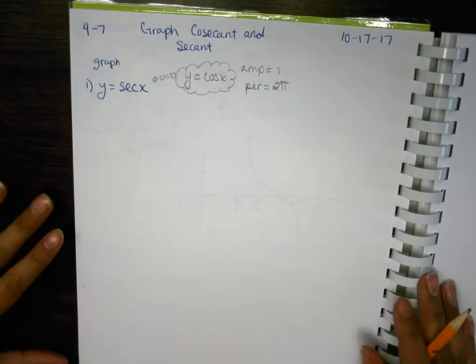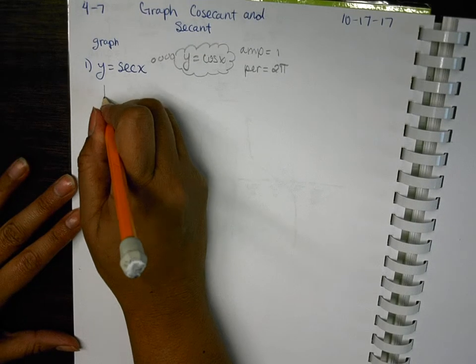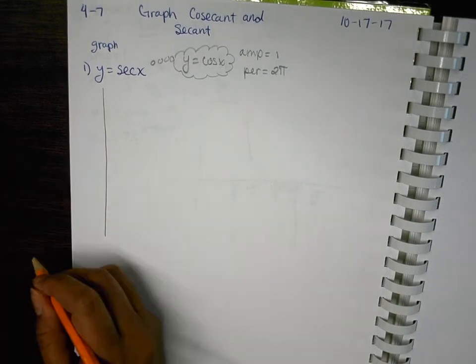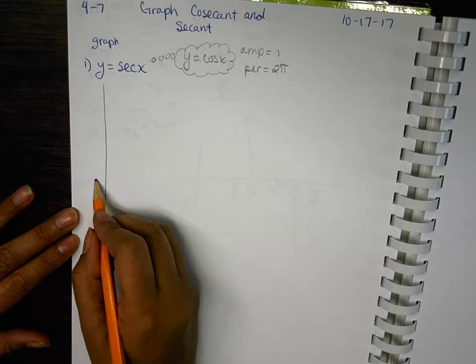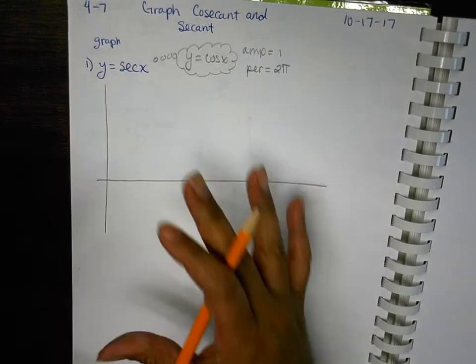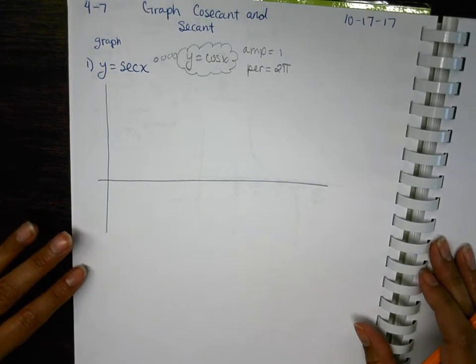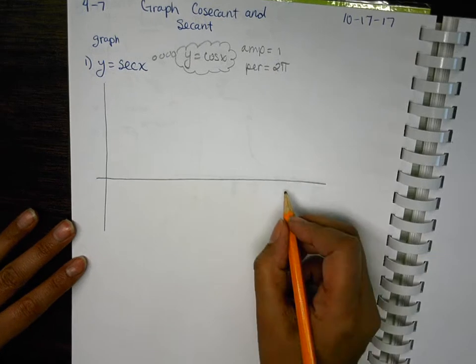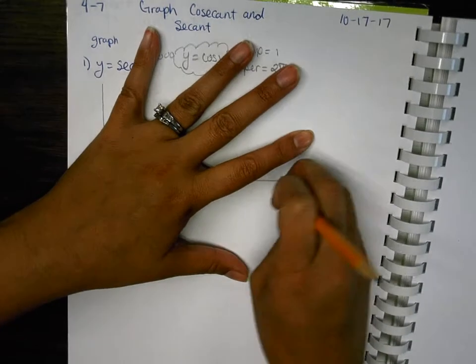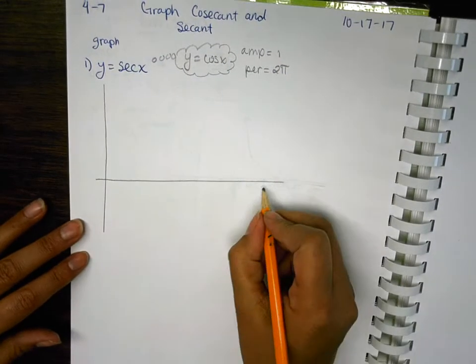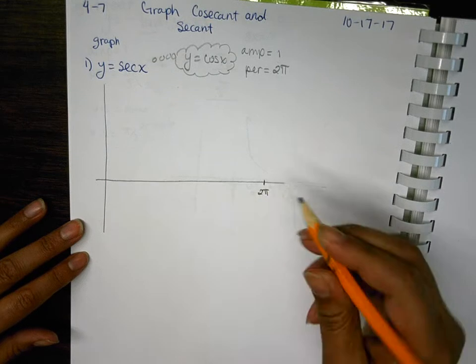Does that make sense? All right, I'm going to make this one a little bigger than usual because, as you saw in the graph I showed you earlier, we will be sketching out a little bit more. Still 1 period length. What is the period length? 2 pi.